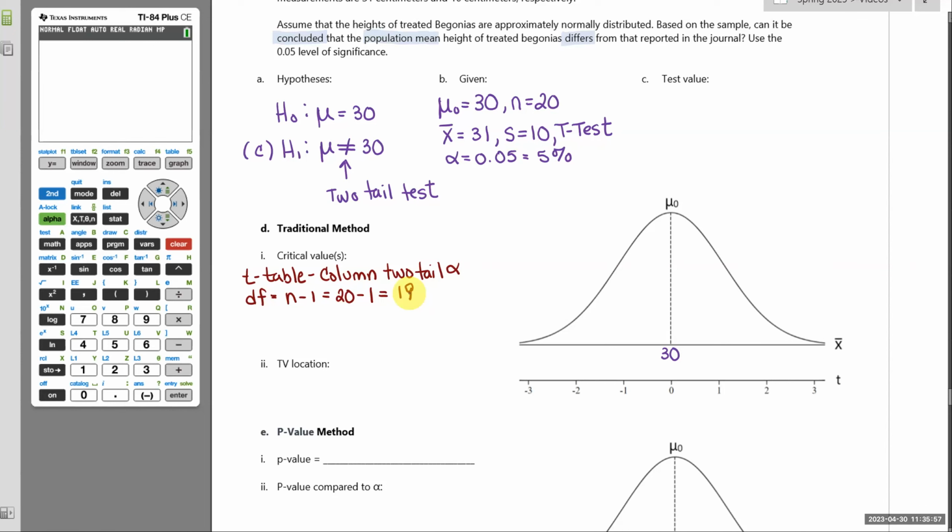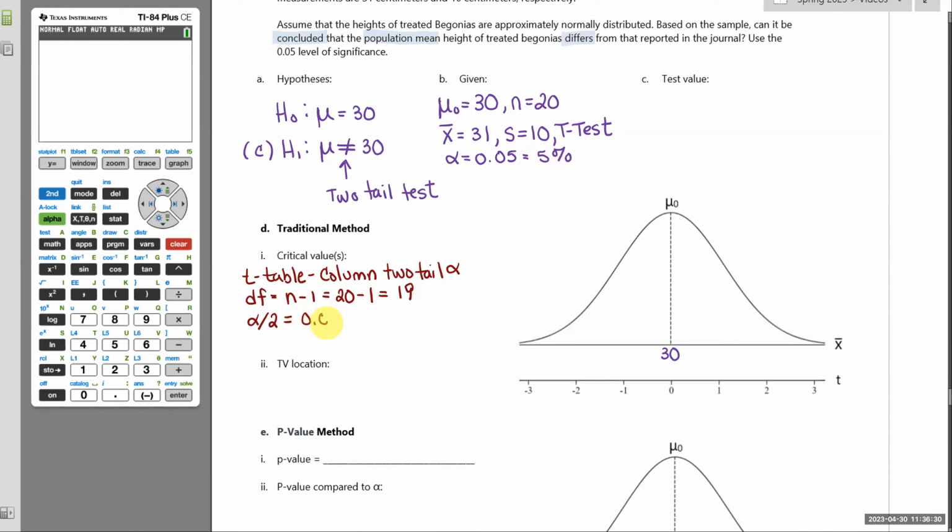And we need to remember that for a two-tailed test, there are going to be two critical values, one on the left and one on the right. The table will not tell you that. It will just give you a positive value, and we'll know that it has to be a plus minus. If you have the inverse t on your calculator, you could use that as well. So alpha over 2, in this case, because alpha will be split in half, half on each side.